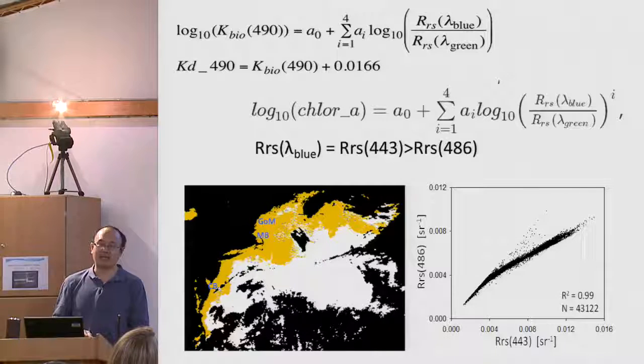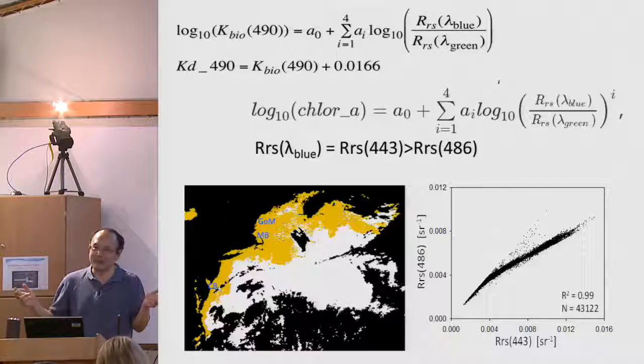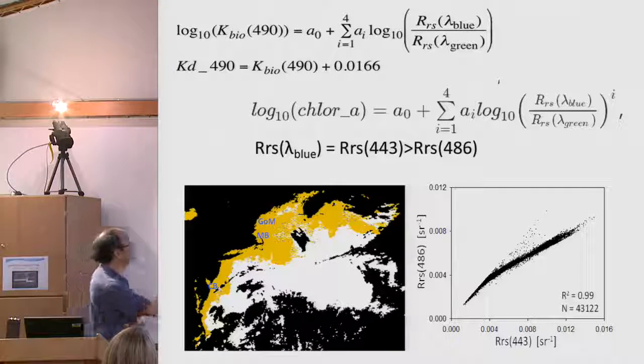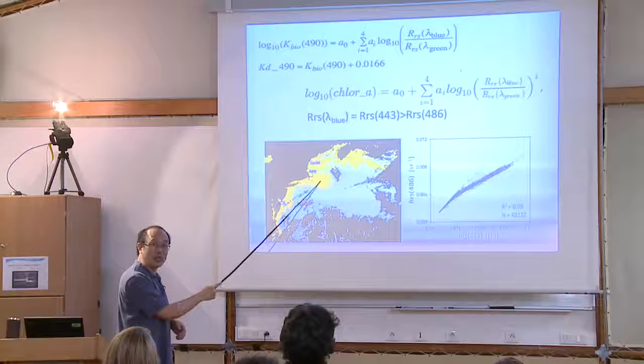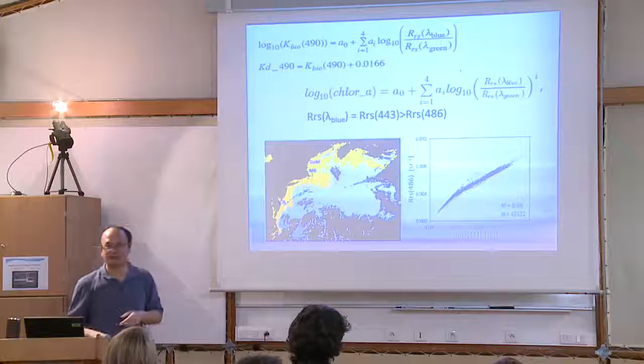And kind of implicitly, we are assuming these are two independent products. One is chlorophyll A, one is KD 490, right? This kind of sounds like two independent products. But we are using the same ratios. That's shown by these yellow colors. These yellow colors are the same ratios used to derive KD 490 and the chlorophyll A concentration.